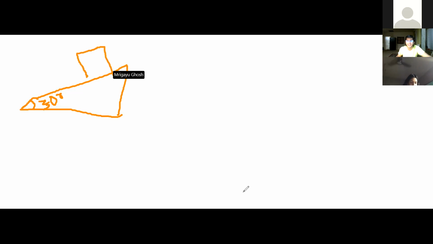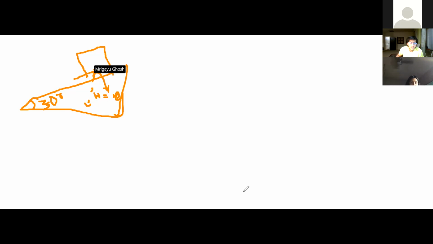How fun. Okay, so here's our weight, mg, and we're going to resolve it into its vertical and horizontal components, in relation to the incline, of course.